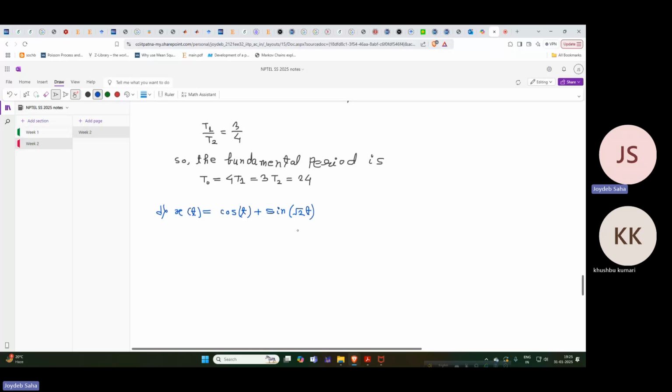You can take 3-4 minutes and try to solve. It is a very interesting question. Take 2-3 minutes or 3-4 minutes and try to solve. If you cannot, then I will solve it for you. But at least you should try.